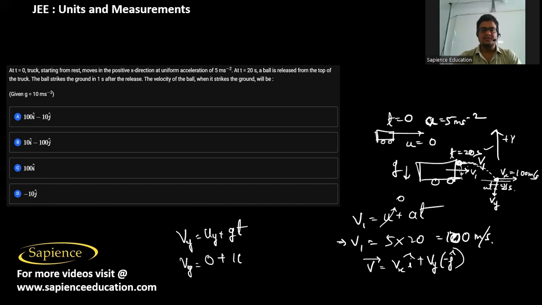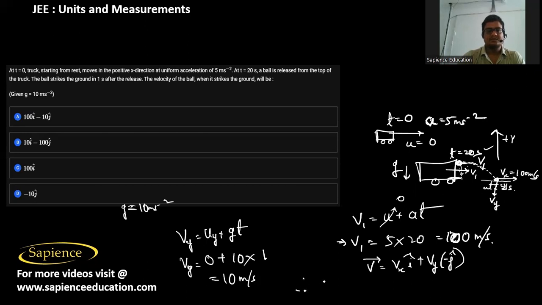g is 10, we have to take 10, it has been told. 10 into t, t is 1 second. So this will be 10 meter per second.